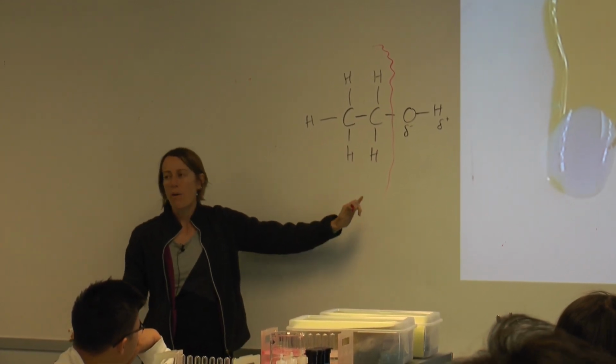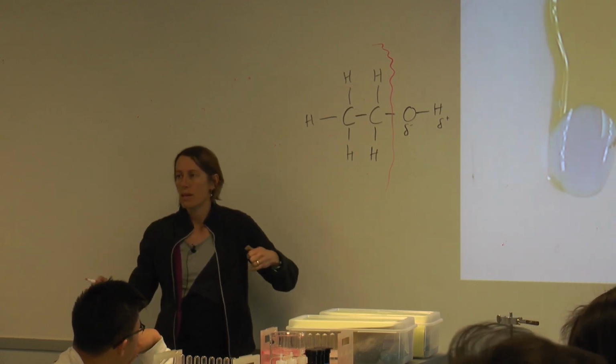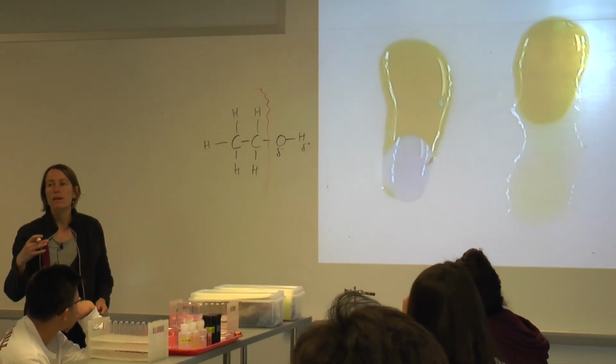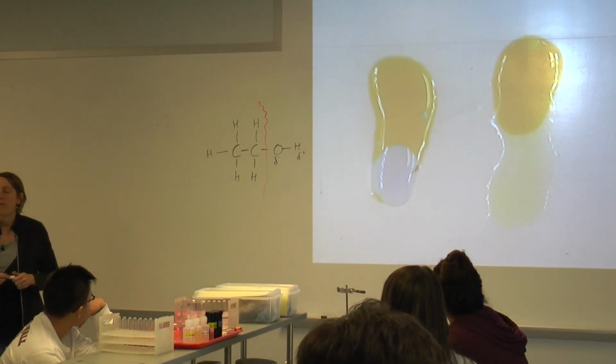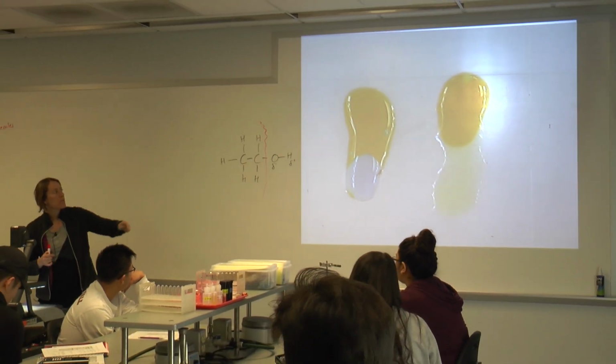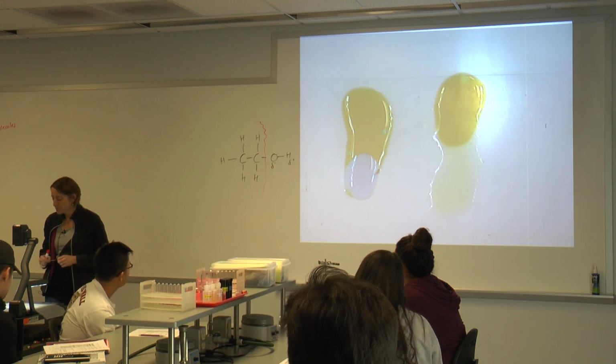So this molecule can't quite make up its mind. Does it want to be with oil? Does it want to be with water? Is it hydrophilic? Is it hydrophobic? And you can sort of see that happening at that boundary between the alcohol and the oil, where it's not a completely cut and dried sharp line like you see with the water molecules in the other example, right?